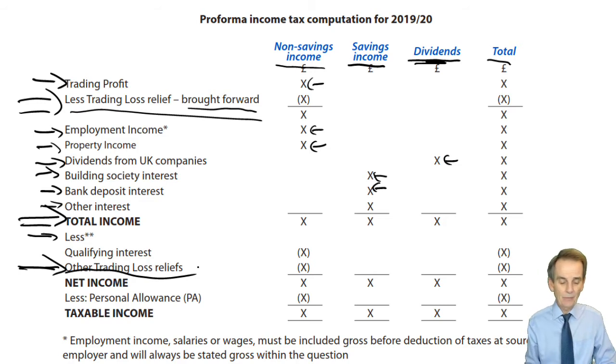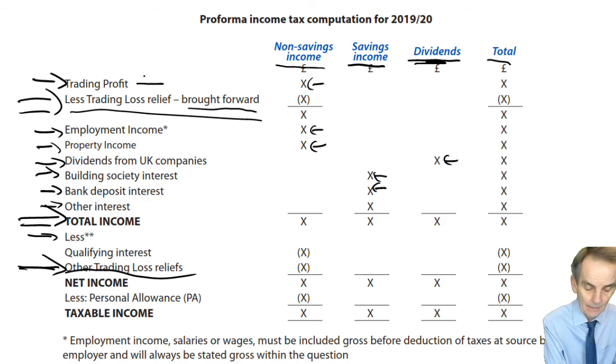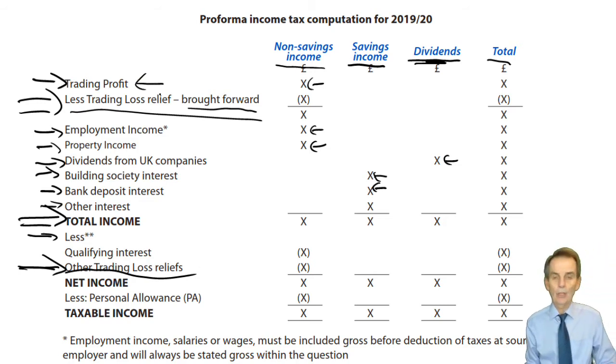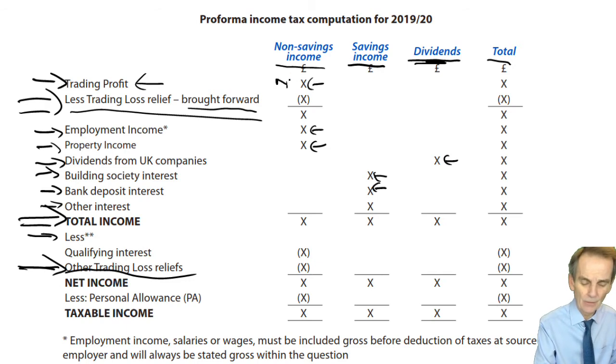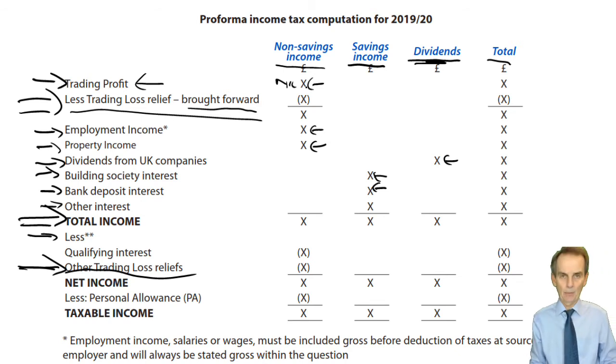But if you had, for example, up here, instead of a trading profit, a trading loss, one of the things that you will learn is where there are losses on any source of income where losses could arise, trading is the most obvious, you do not put a negative figure for the assessment into the computation. If the figure for this year was a loss, you would put nil in as the assessment.